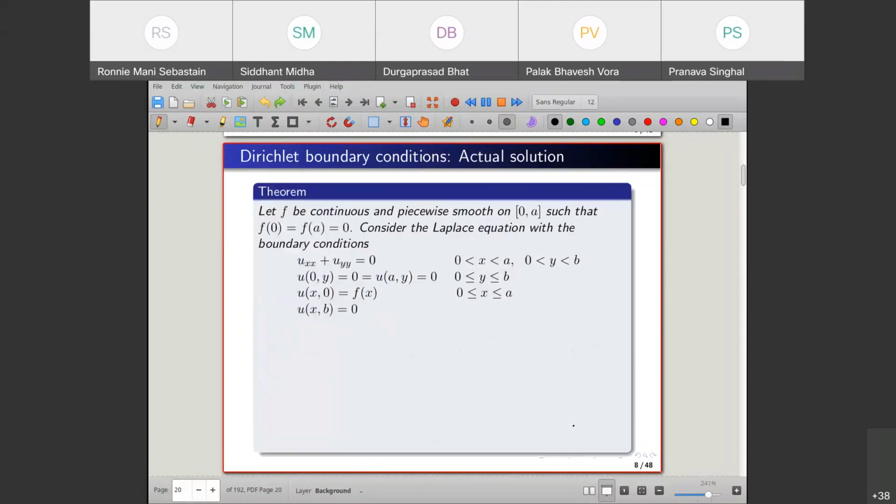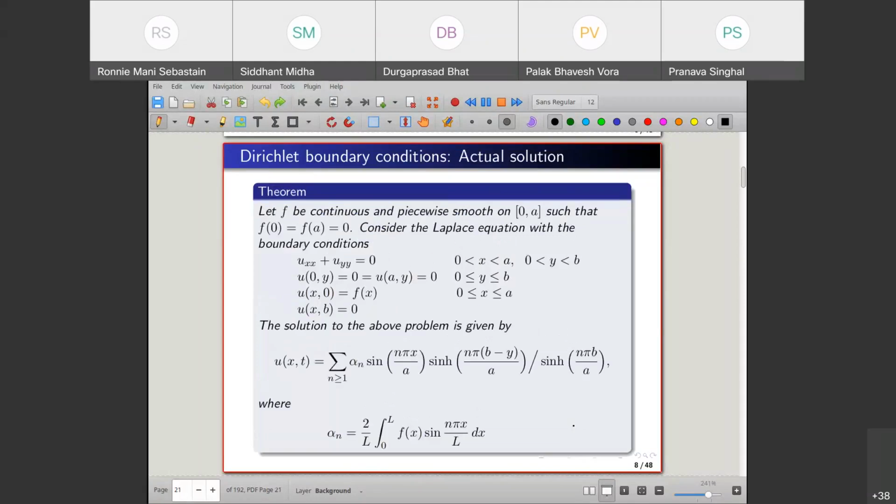So let me just go to the theorem. It says that if f(x) is continuous and piecewise smooth on this interval (0, a), so that f(0) is equal to f(a) is equal to 0, then we consider the Laplace equation with these boundary conditions. Then the solution is given by this formula.